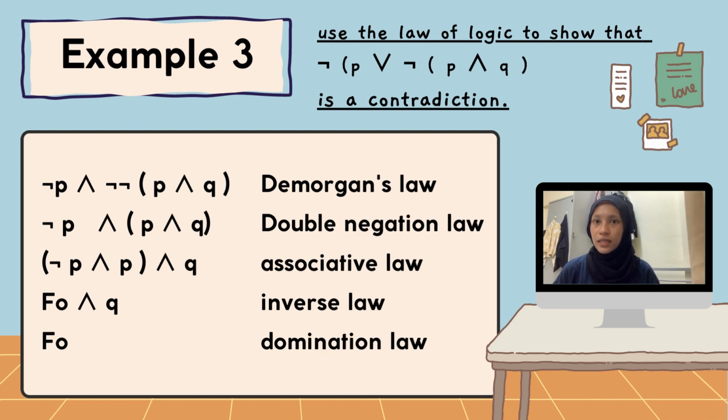From that, we can see two symbols of not, so we can use double negation law and get not P and (P and Q). Next, we use associative law and we get (not P and P) and Q. Then, we use inverse law to get false and Q. From that, we use domination law, then we get contradiction. It shows that the statement given is a contradiction.